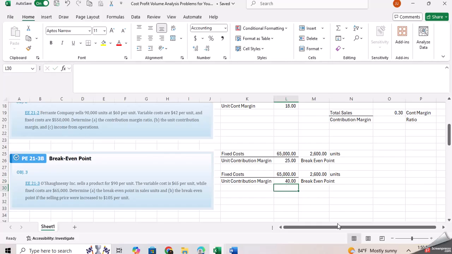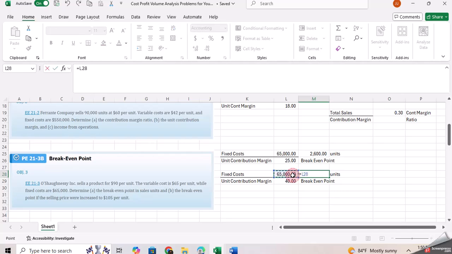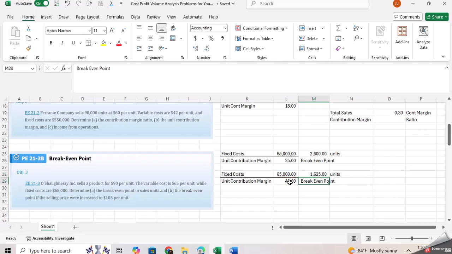So then our contribution margin goes up to $40. And that changes our break-even point to 1,625 units. Because now we're making $15 more a unit, so we don't have to sell as many to cover our costs.